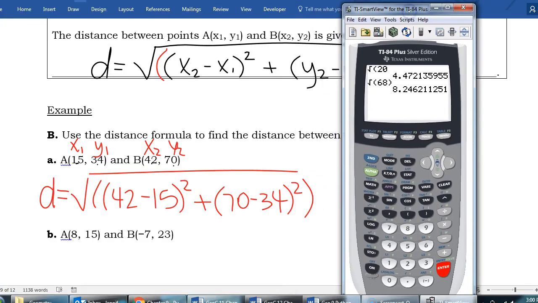That's not what I wanted. Okay, so square root, that's my auto parentheses, so I do need my second parentheses on my difference, plus my second difference, gives me a total distance of 45 units.